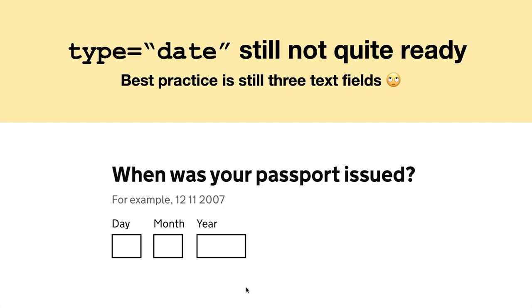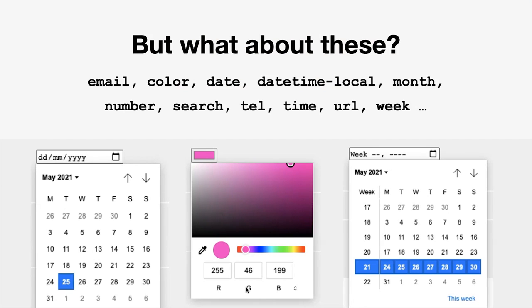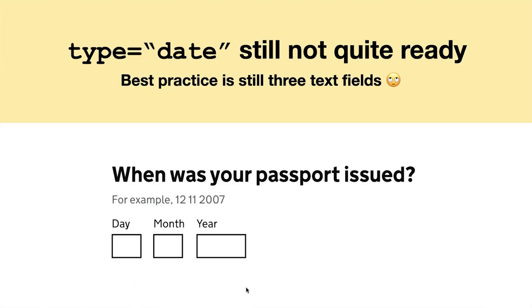Unfortunately, the one that we all want to use, which is the date picker, is still not quite ready, and I really hope I can change this slide next year. So it's very, very painfully close. This is the field you see here on the bottom left. So this is great. It's a built-in date picker. It works on almost everything except for Desktop Safari, which it has just been added to, because Desktop Safari is the Internet Explorer of 2021.